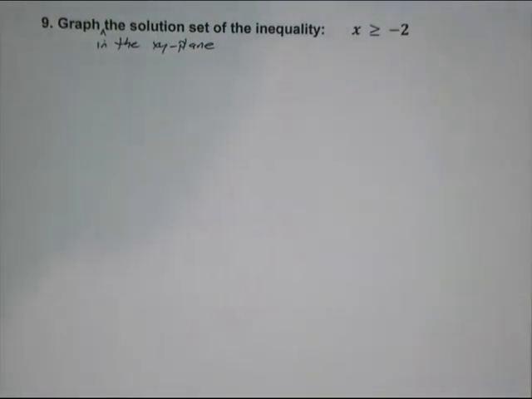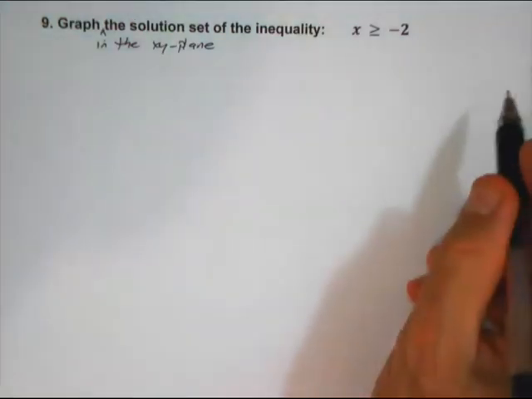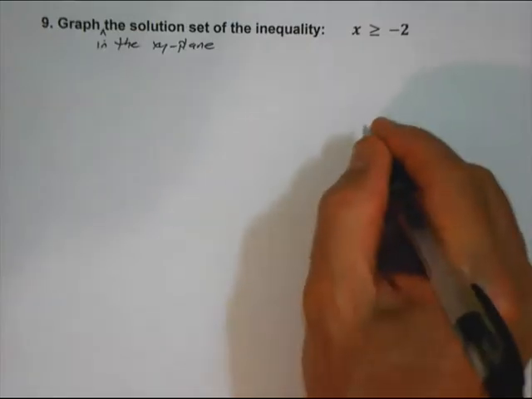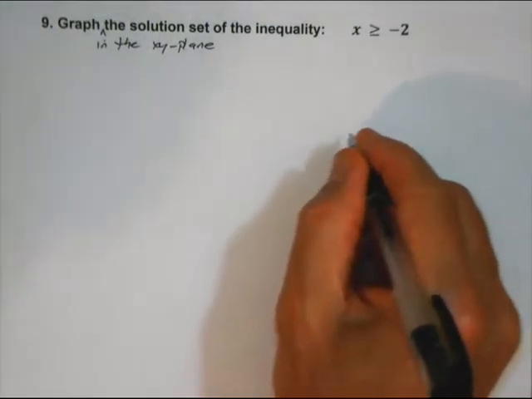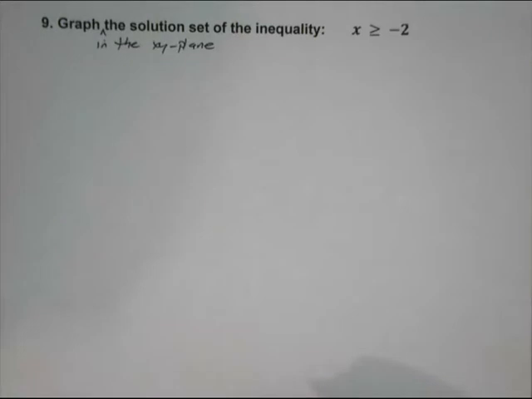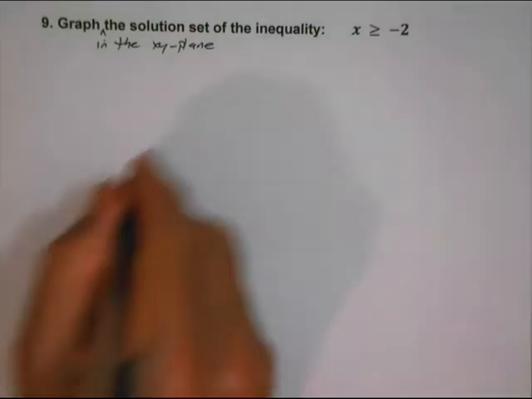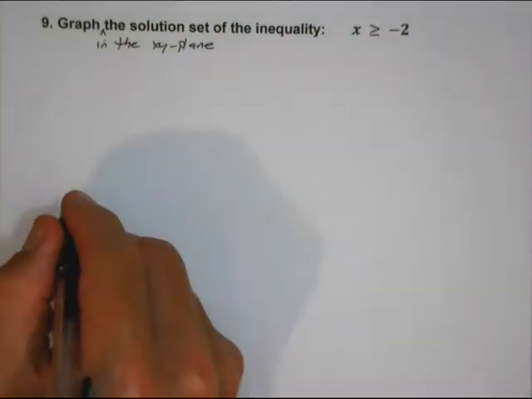Otherwise, someone may come along and just take out a real number line and put a solid dot at -2 and an arrow to the right, and that would be the graph and would be really considered correct. Okay. Otherwise, we're in the xy plane, and we notice this is a linear inequality.